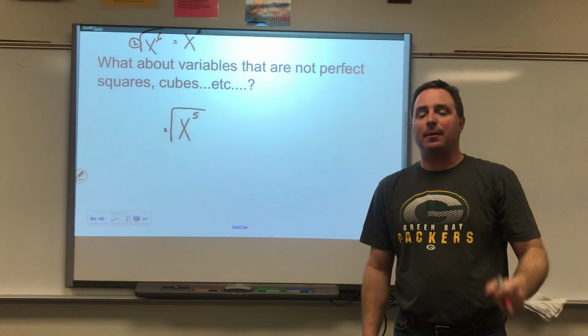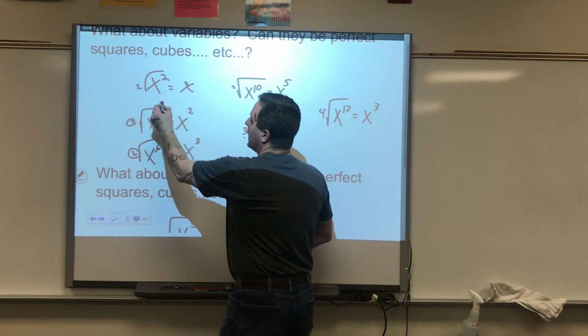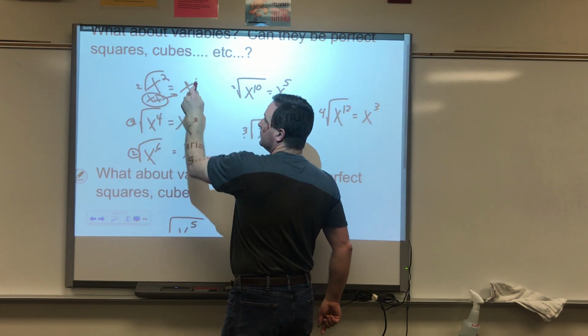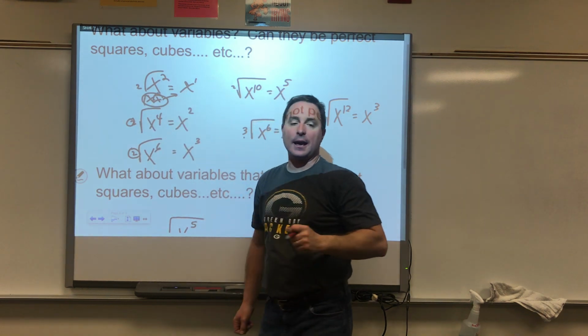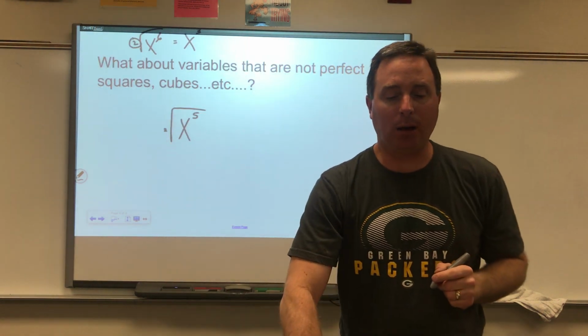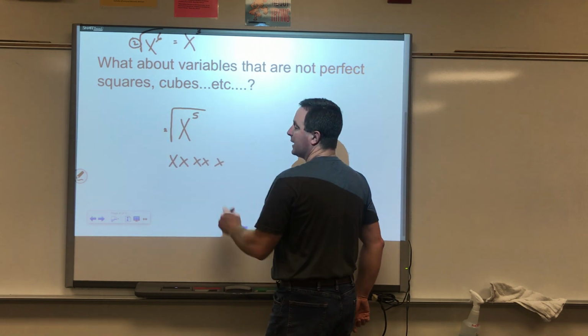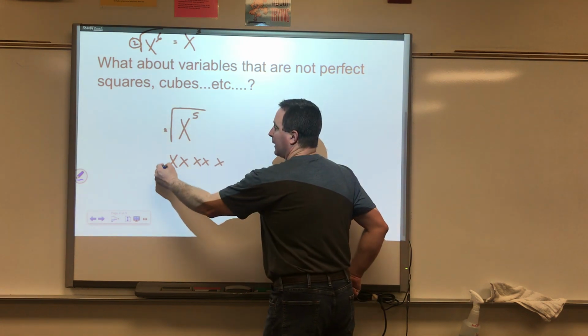Now there are 2 ways you can think about this. If I back up here a second, I know that every 2 x's make one big X. Every 2 square roots of x's turn into a big X. And one way to think about this is if I think of x to the 5th, it's 5 x's under the radical.